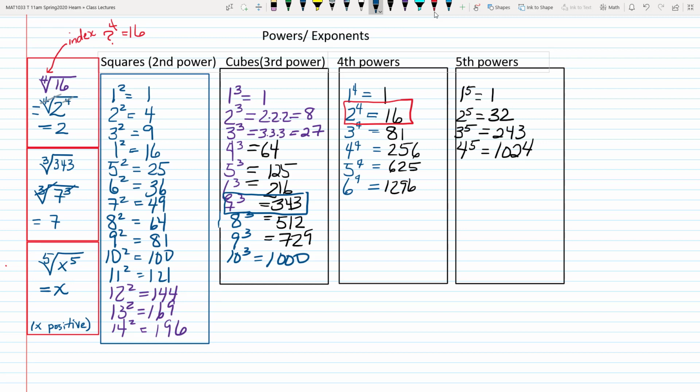So in general, if you have the nth root of some number to the nth power, as long as the base x is a positive real number, then you know that the result is going to be the number x. And it doesn't matter what is going on inside, what x looks like, those n's will cancel out.